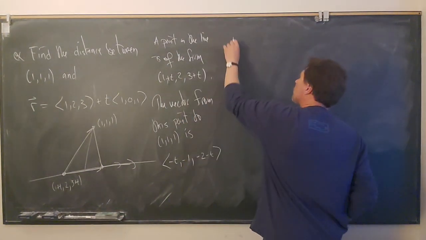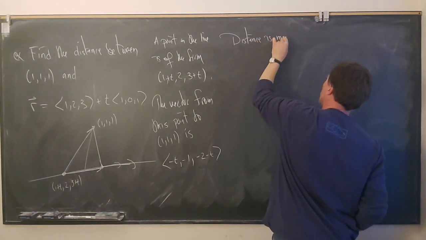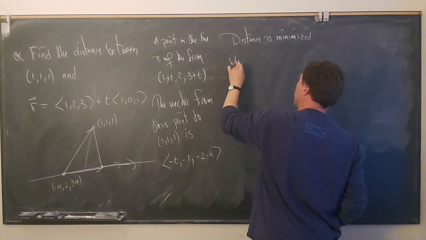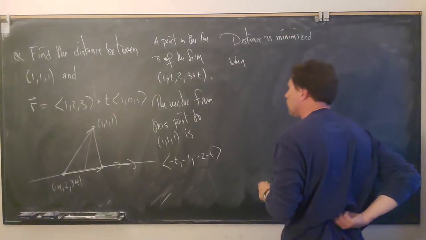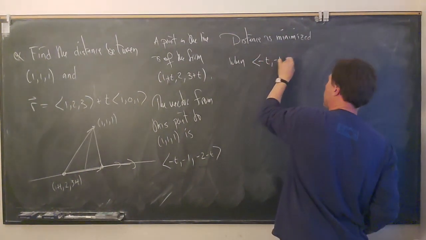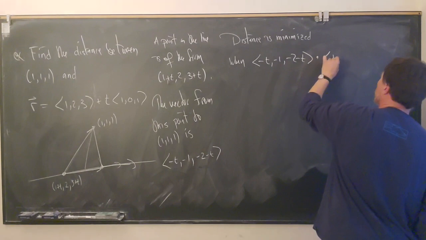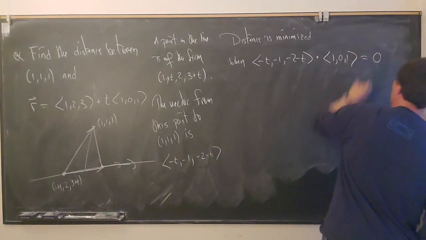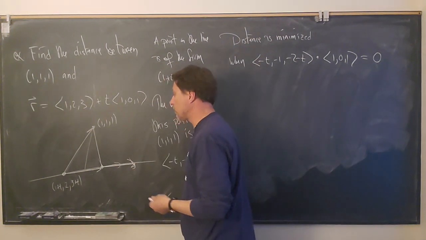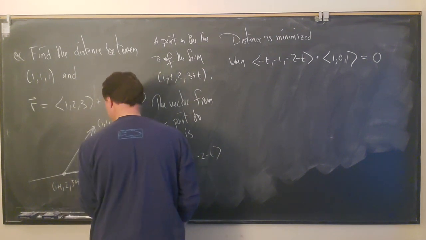So distance is minimized when (negative t, negative 1, negative 2 minus t) dot the direction vector, which is (1, 0, 1), equals 0. Here's my direction vector, and here would be that vector, so we're looking for the t that gives us that.